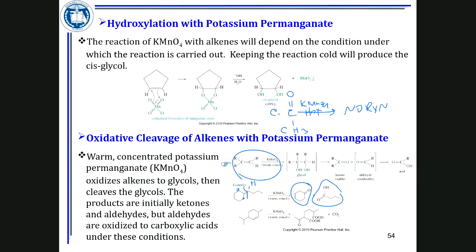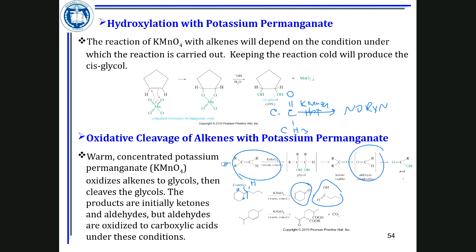So oxidative cleavage can give you either aldehyde or ketone, but if it gives you aldehyde, the aldehyde is going to further oxidize to carboxylic acid. See that this is going to oxidize to the carboxylic acid because there's a hydrogen attached. If there is no hydrogen attached to the carbon, you cannot oxidize it.